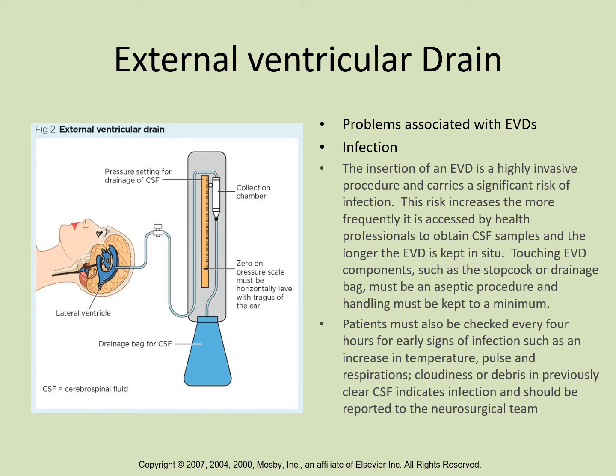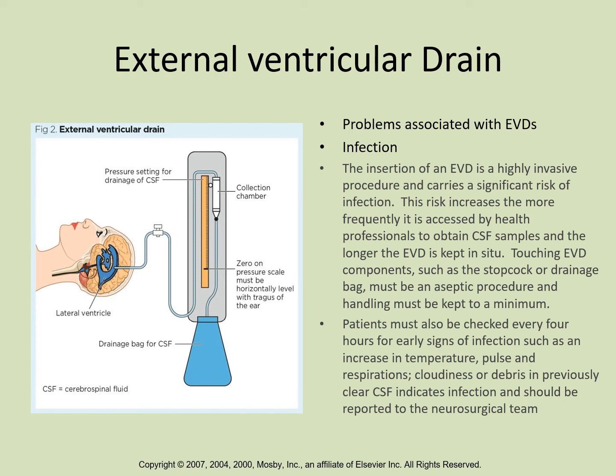Okay, the ventriculostomy allows also for sampling of CSF, so we don't need to do a lumbar puncture. In this case, if the patient already has an external ventricular drain, we can simply sample from that.